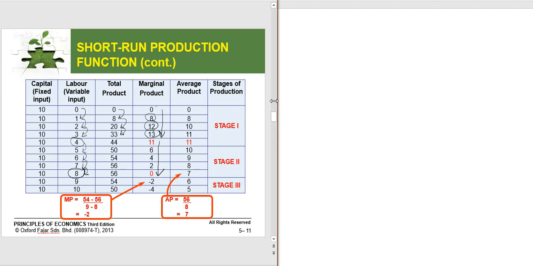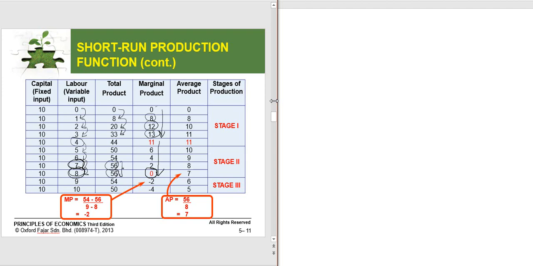You can see here that when the producer adds from 7 workers to 8 workers, the production is not changing. This is the point that shows that the production is no longer productive, because it does not generate additional production. So your marginal product will be 0, because your production is not increasing anymore.